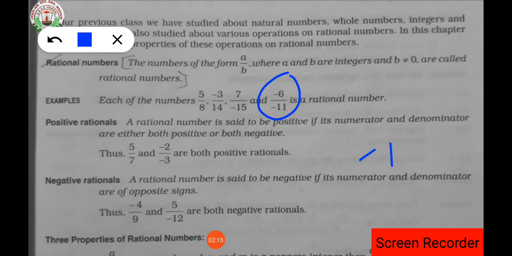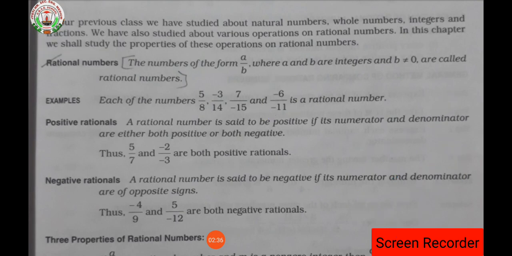As we know, according to the rules of the property, minus and minus will become plus, isn't it? So the minus from the numerator and the minus from the denominator get cancelled, or we consider it a plus. So it will become 11 by 6, a positive number. So it is also a rational number.